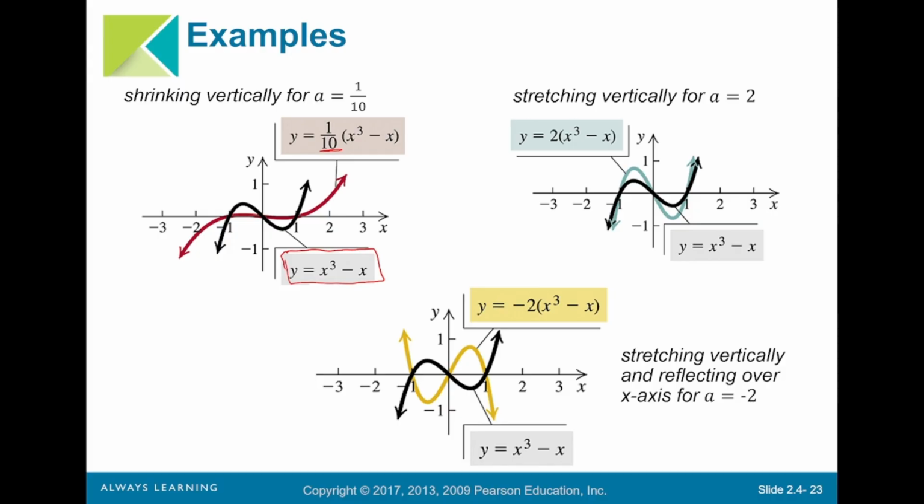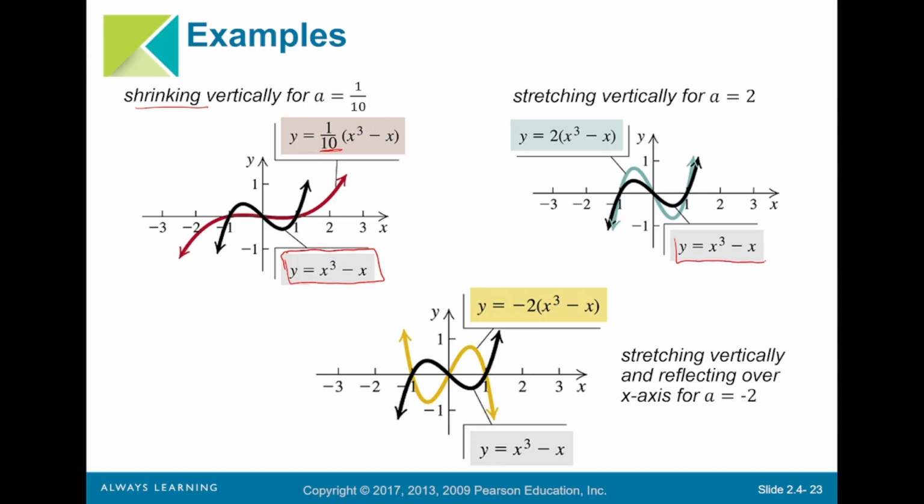That 1 over 10 is clearly between 0 and 1, so this is a vertical shrink. You can tell that we went from a very bumpy function to an almost leveled out function. There's not so much change in the y direction with this new function. So we shrunk it vertically to flatten it out.